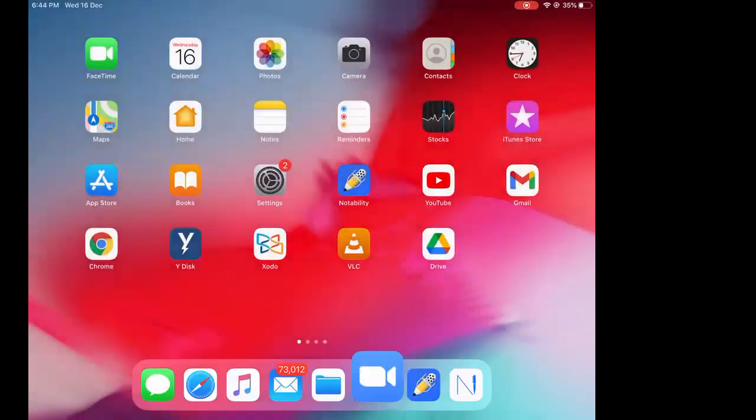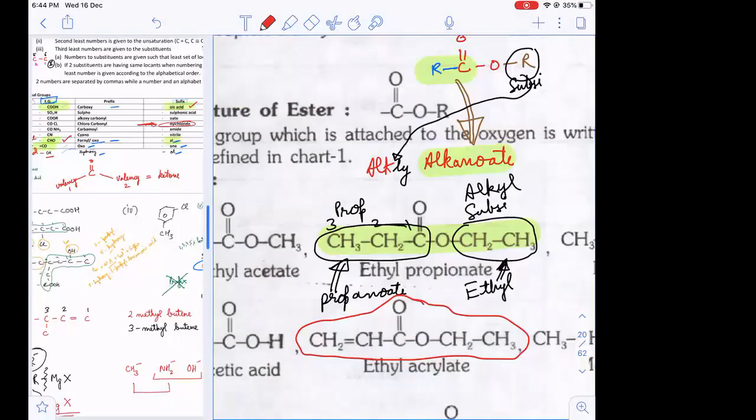Yes. So we won't be using acetate because acetate is a common name, not IUPAC. All right. You will see the common names only when you know about IUPACs a little bit. So let's not discuss common names right now.